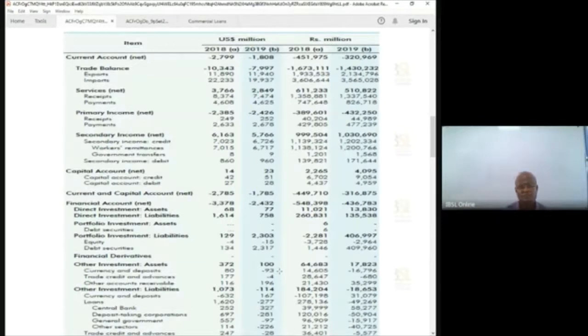So the credit item, 249 million, 250, has increased slightly to 252 million. But the payments, 2,633, went to 2,678, right? Service account, primary income account, then the secondary income account.